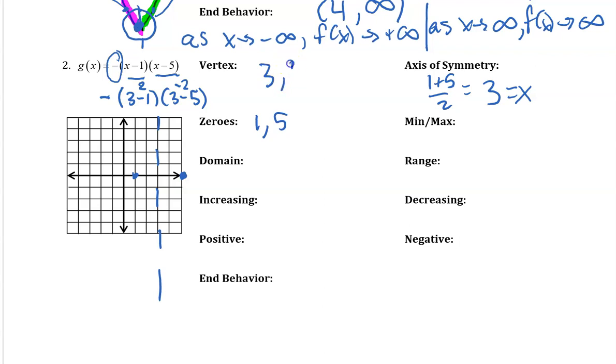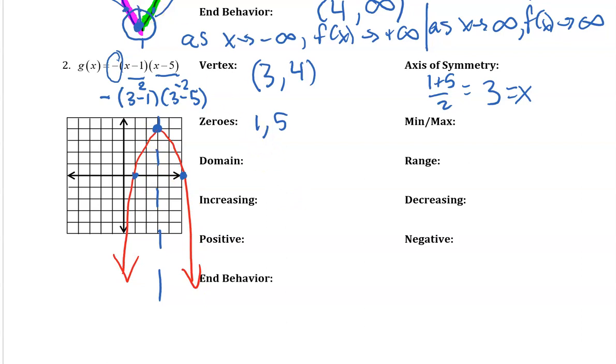Our vertex is 3, 4. We look back at A. 3, 4 is right here, by the way. And because A is negative, we know that it should be facing downward, or flipped, reflected over the x-axis. So we'll go ahead and draw in our parabola.